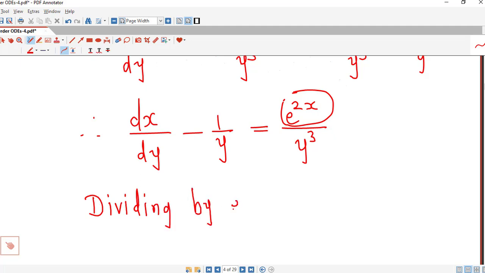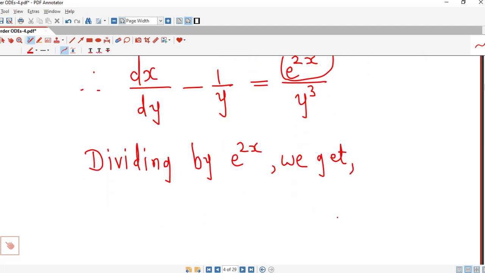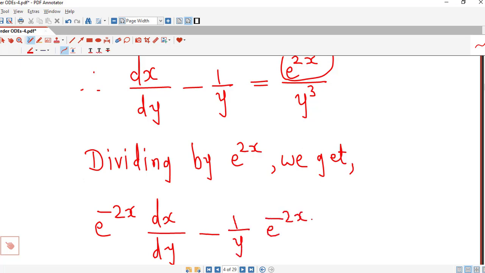Dividing by e raised to 2x, or multiplying by e raised to minus 2x, we get e raised to minus 2x dx by dy minus 1 by y e raised to minus 2x equal to 1 over y cube.